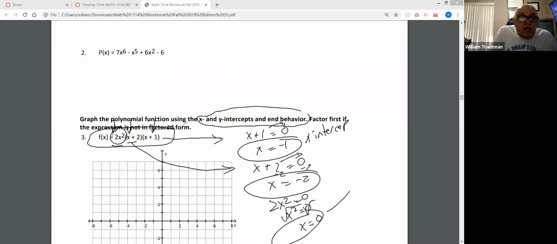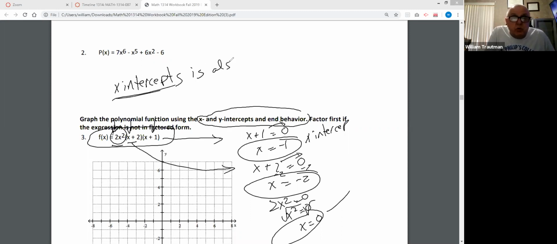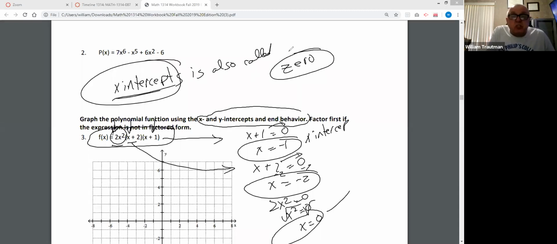By the way, this is going to be kind of important. Can you tell me another word for x-intercepts that we use? An x-intercept is also called a zero.